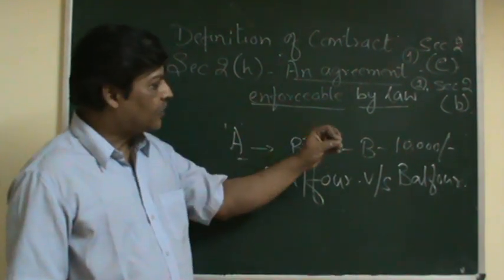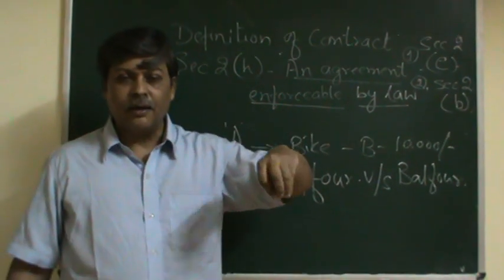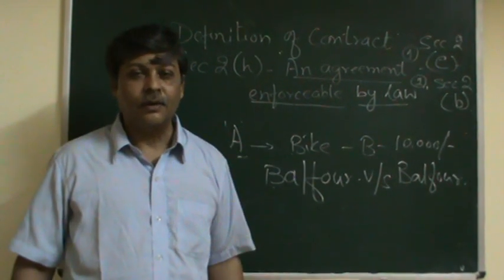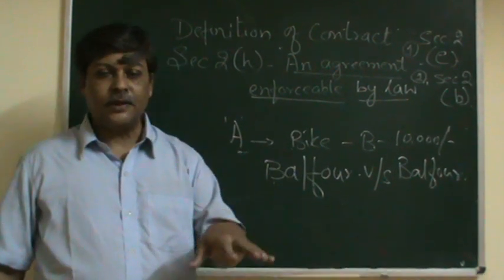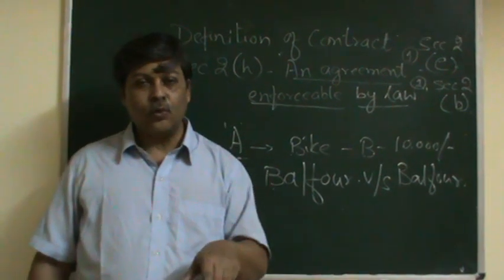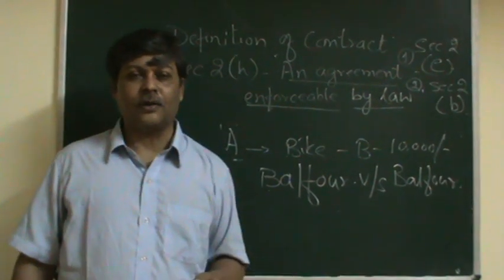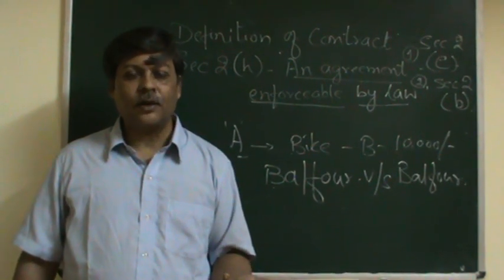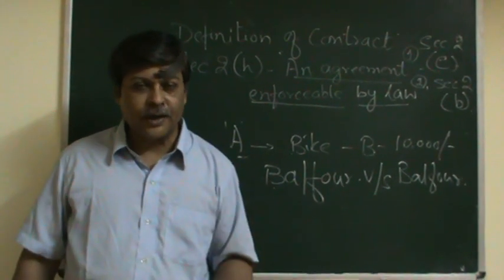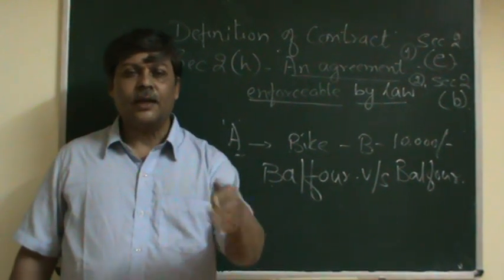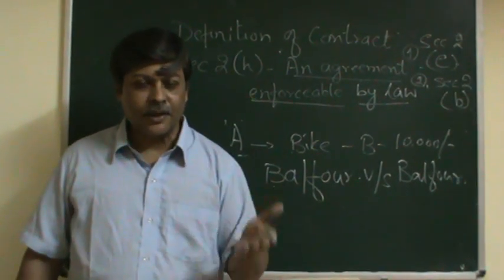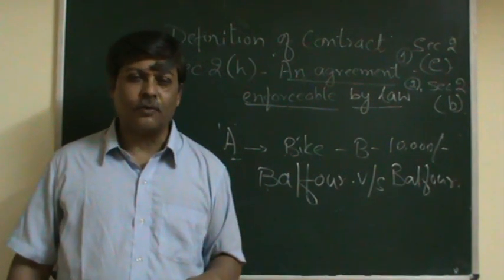So if it is an agreement to do an act forbidden by the law, if the parties have intended to do such an act, then any default or breaking of the agreement, neither of the parties can go to the court of law, because the subject matter is itself unlawful.